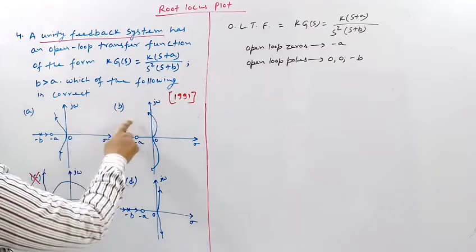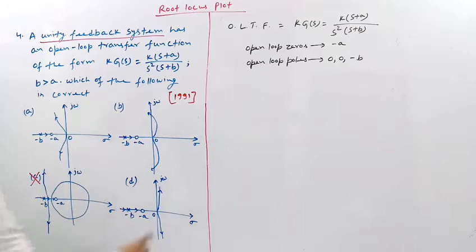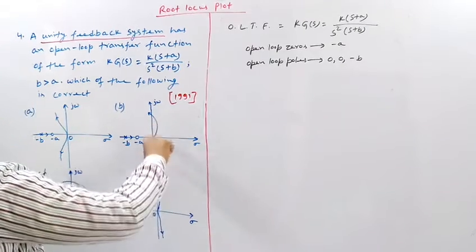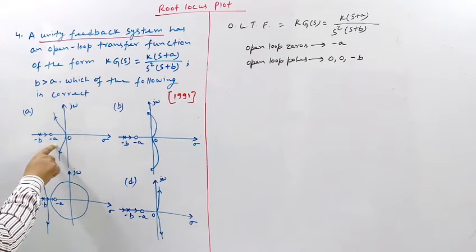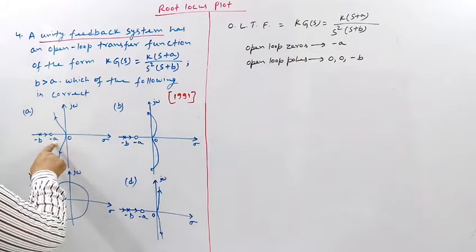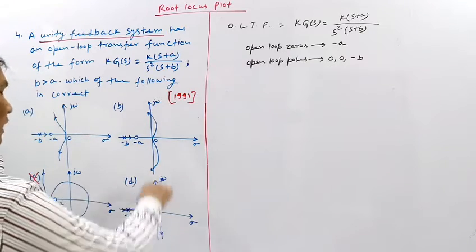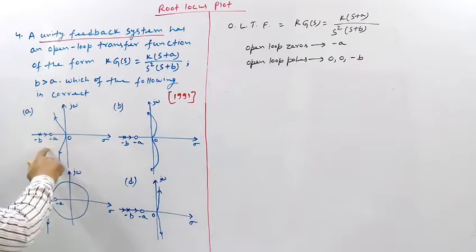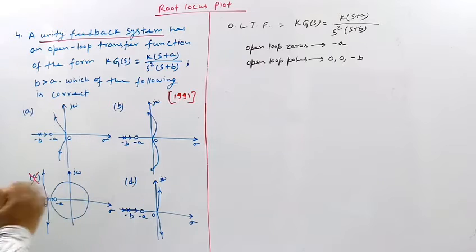In all of A, B and D, 2 branches are going to infinity and 1 branch is terminating at the open loop zero. So this is correct for all 3 root loci. So which one is correct?